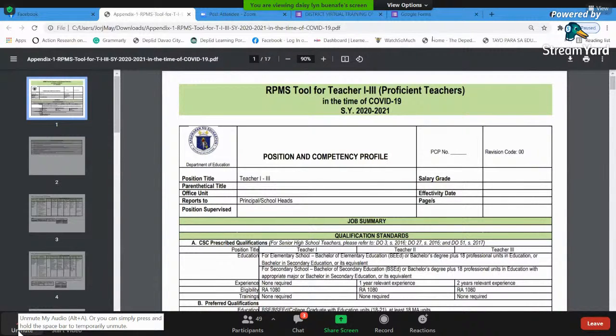So we have different IPCRF for this school year, because of the COVID-19. I will not discuss the IPCRF tool for master teachers because master teachers are very good in interpreting their own IPCRF.